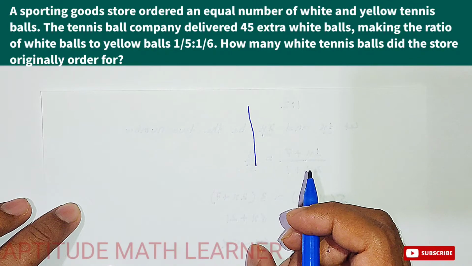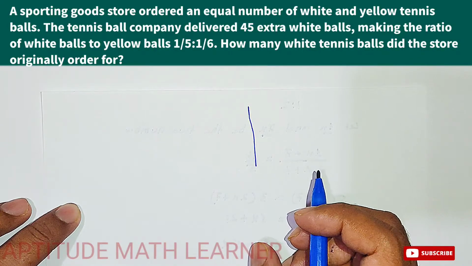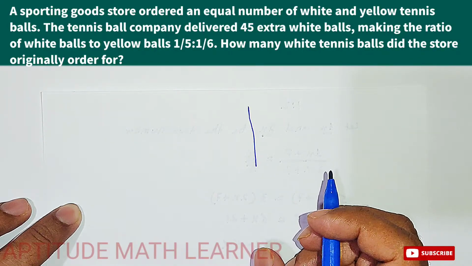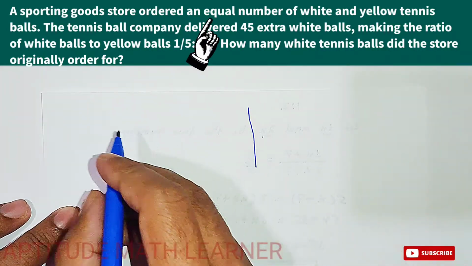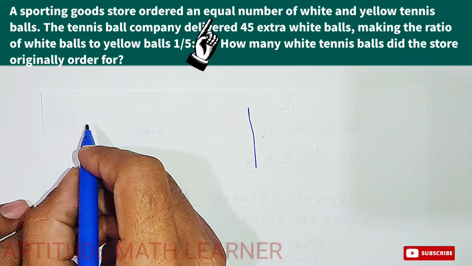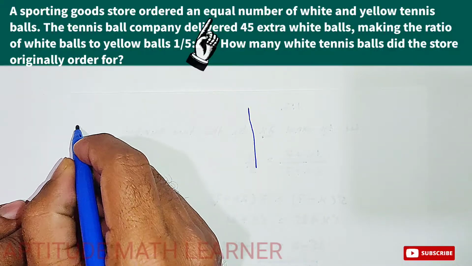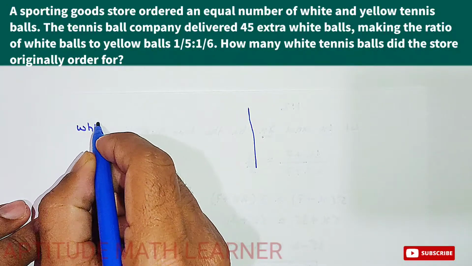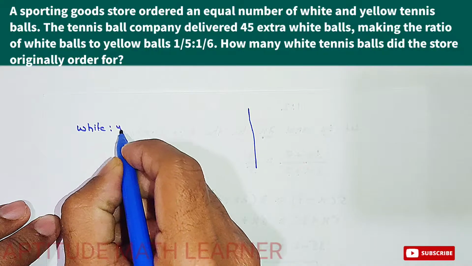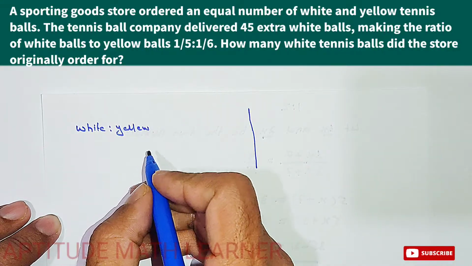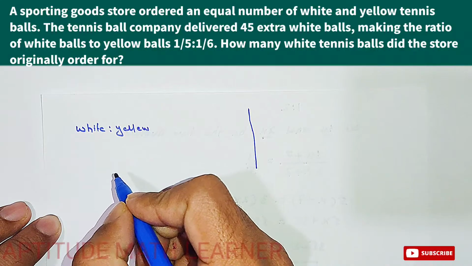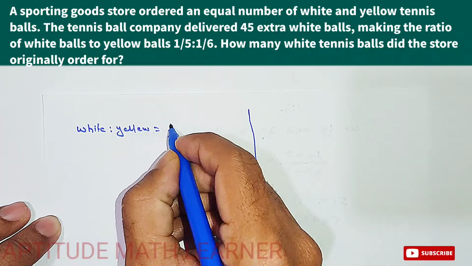In the first part, the sporting goods store ordered white and yellow balls equally. So white ratio yellow, for the storekeeper who ordered, was in the ratio equally.